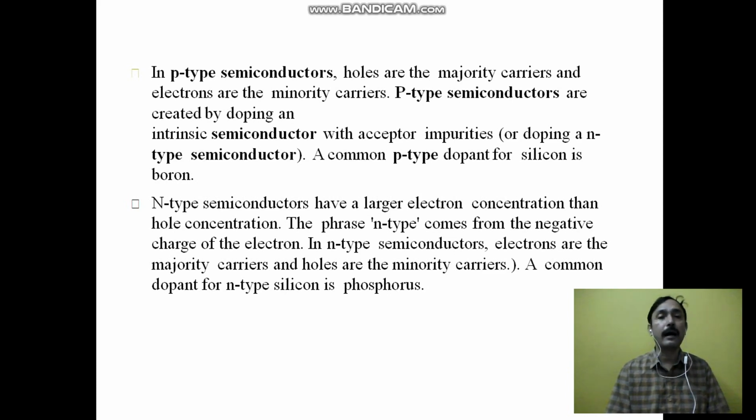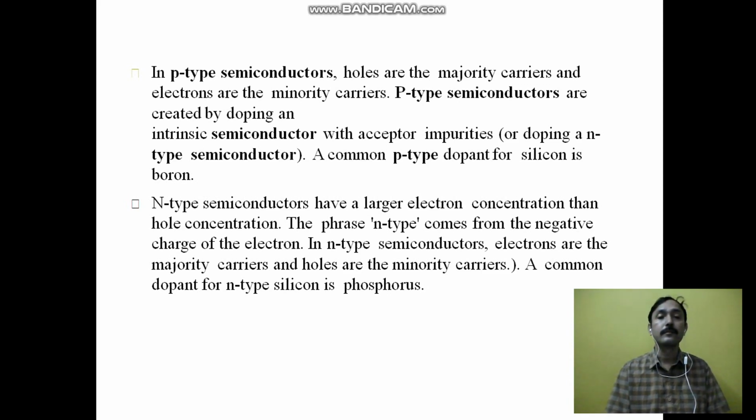P-type semiconductors are created by doping an intrinsic semiconductor with acceptor impurities, or by doping an n-type semiconductor. A common p-type dopant for silicon is boron, a trivalent material. N-type semiconductors have a larger electron concentration than hole concentration.